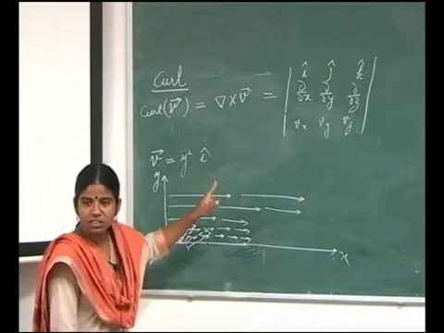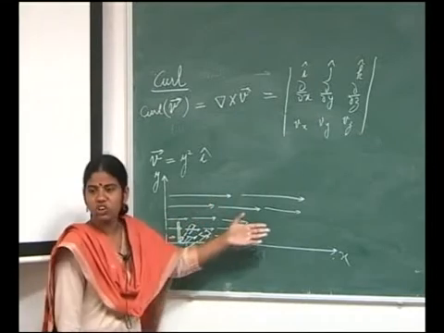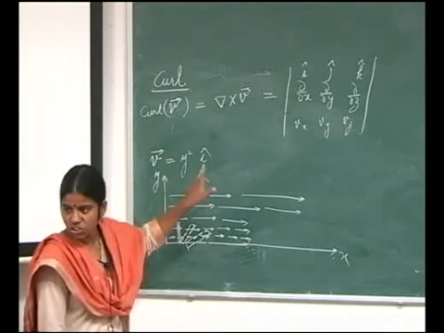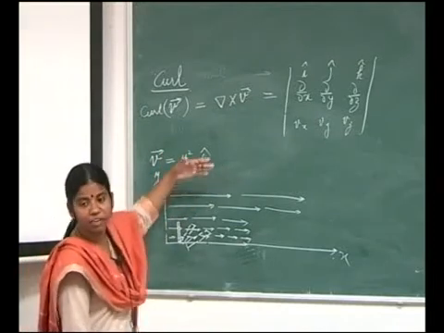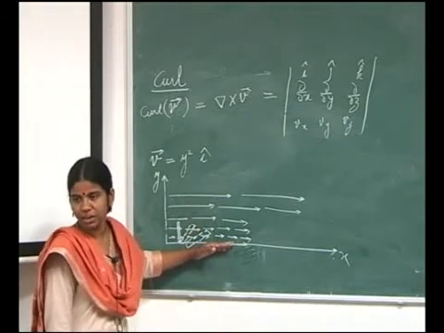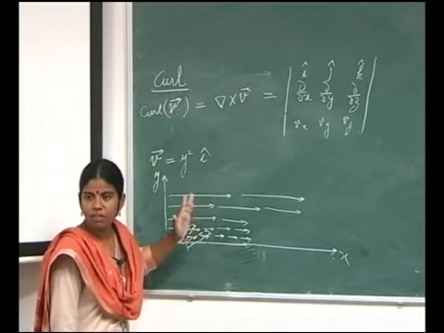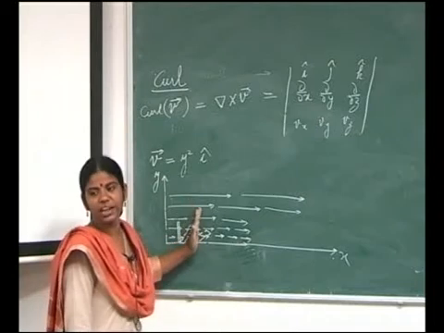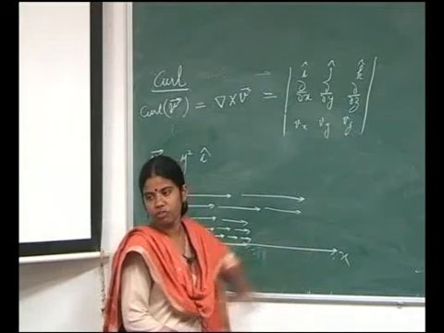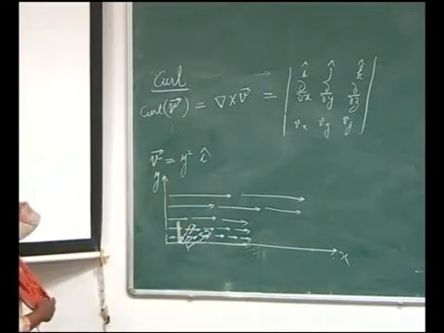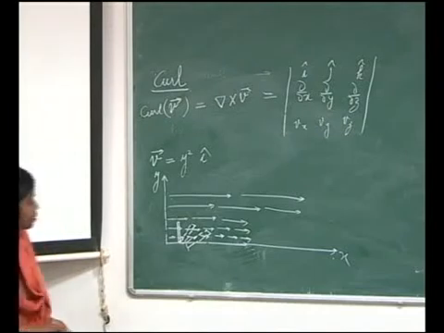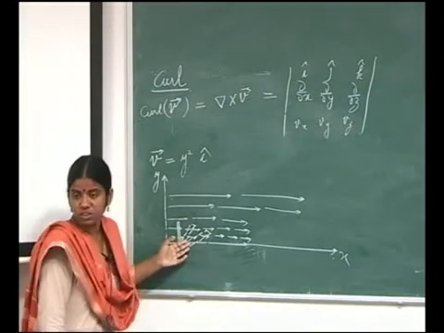In divergence we see change along the direction of the given vectors, whereas in curl we see the rate of change of a given vector field perpendicular to the direction of the given vector field. Okay. In curl we always see change in the perpendicular direction, in divergence we see change along the direction of motion if the field is a velocity field. Okay. So it means this has got a non-zero curl.